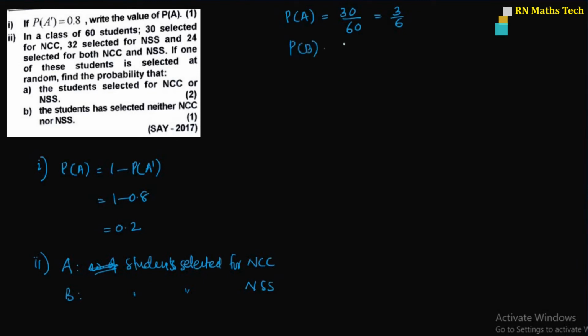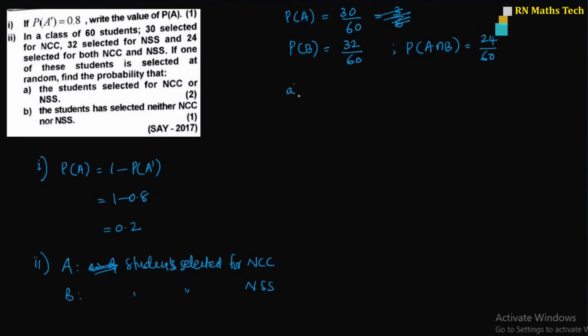P of B is equal to 32 selected for NSS, 32 by 60. P of A intersection B is equal to 24 by 60.